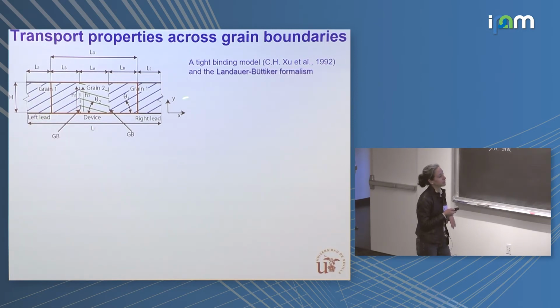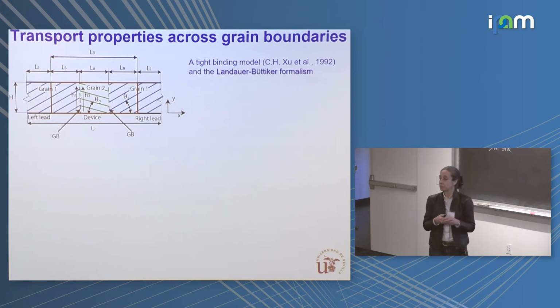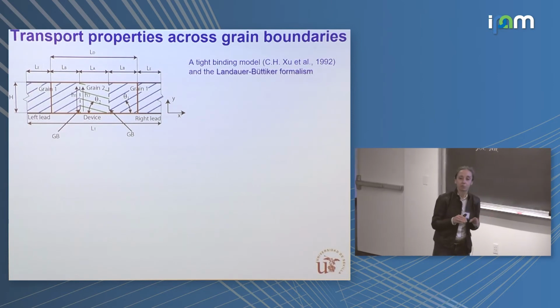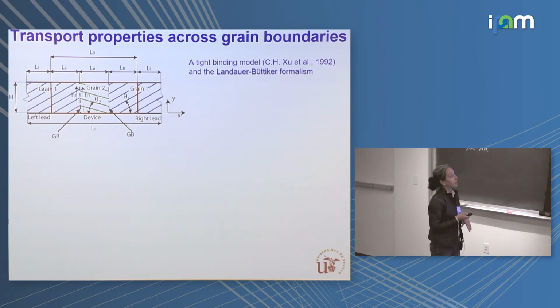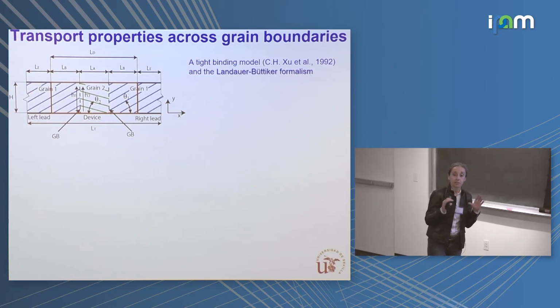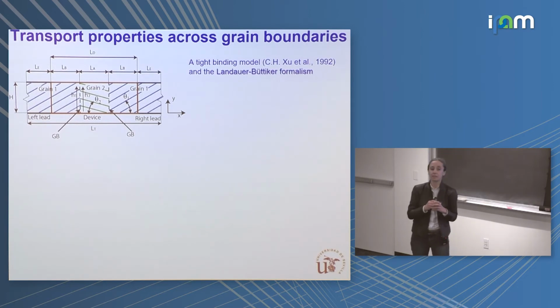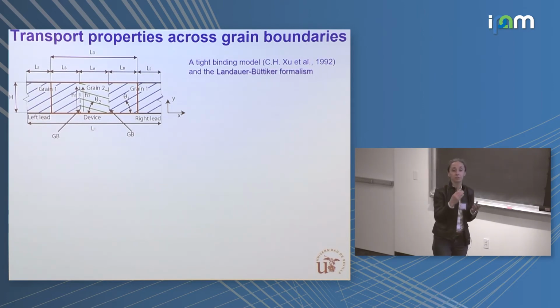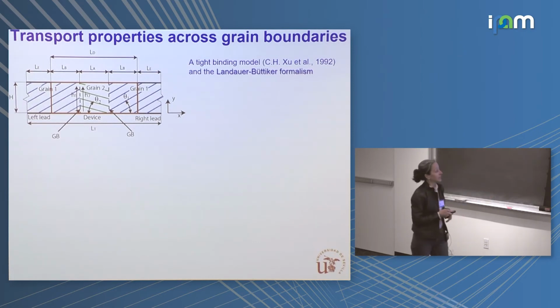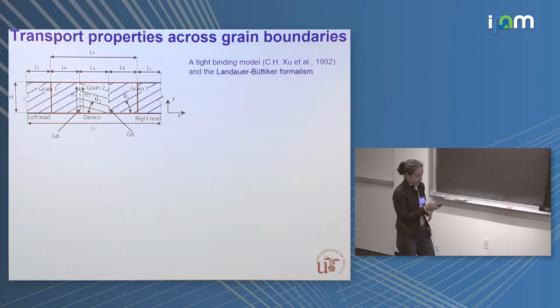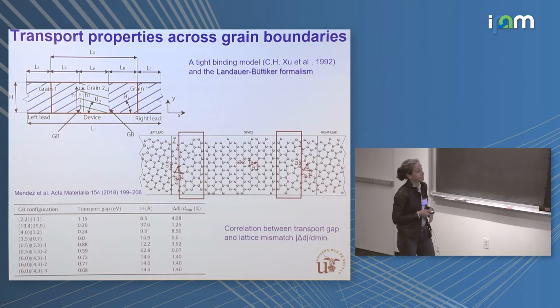This is already well described. What you have to do is only take larger or smaller supercells, depending on the periodicity you have to account for different grain boundaries. Nothing really complicated.